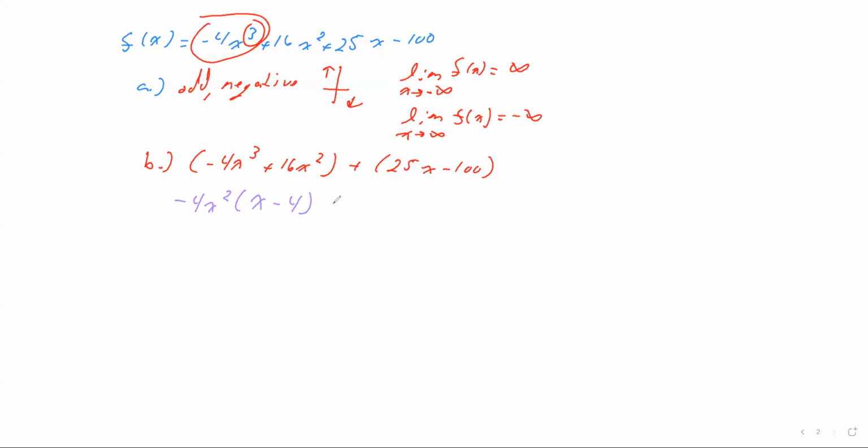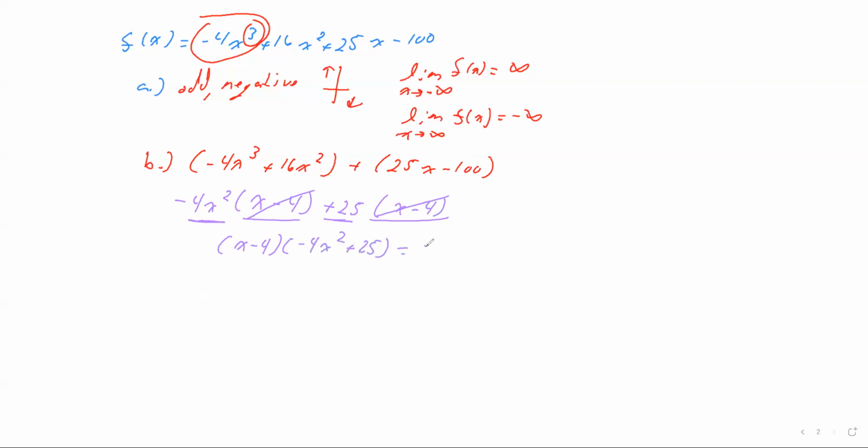Over here, I see they have a 25 in common. So I am going to say plus 25, so I know it's a positive. I notice that gives me x minus 4. If these are the same, I factor it out as one single binomial, not a square, and then those go away. And then I write my binomial that I have left, which is negative 4x squared plus 25.